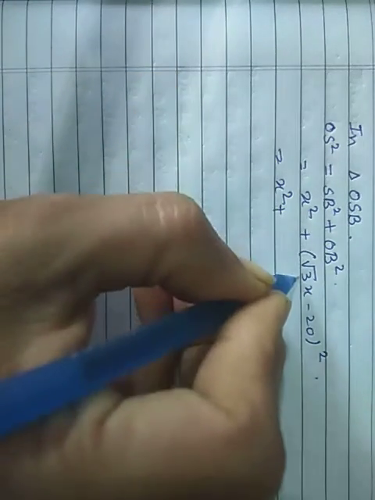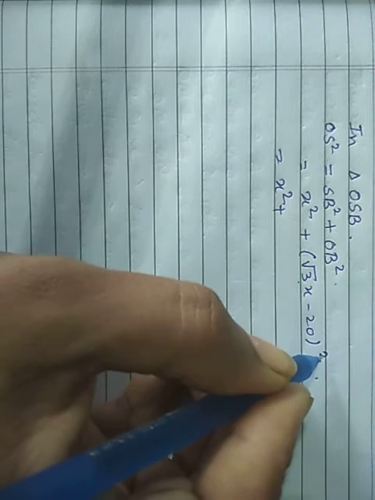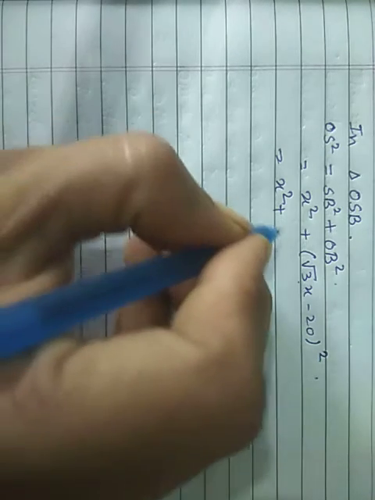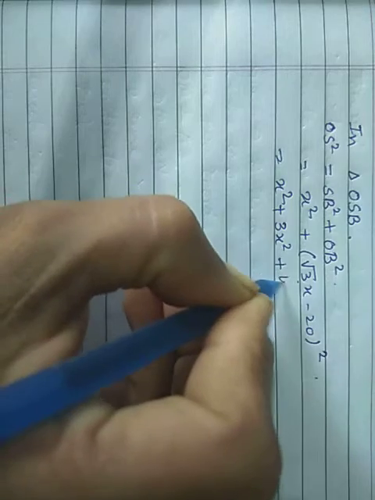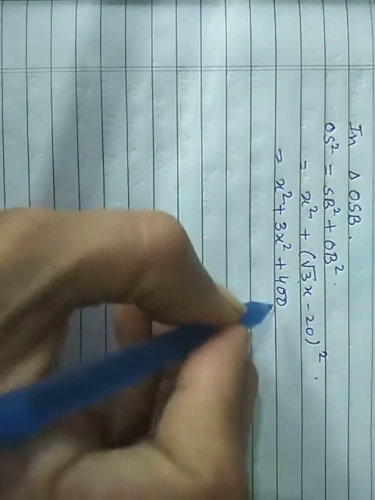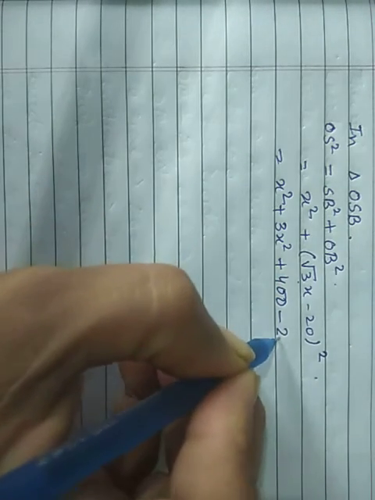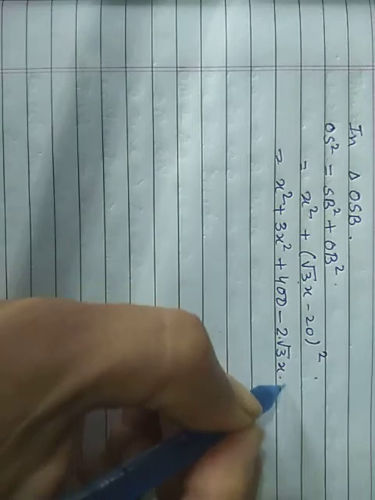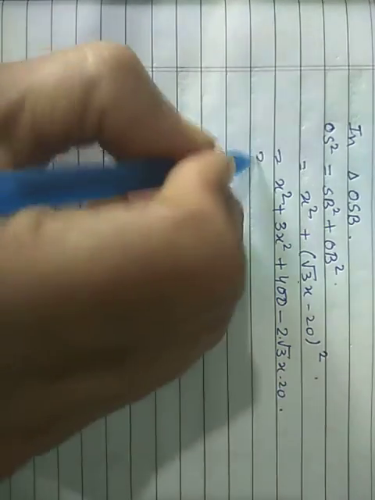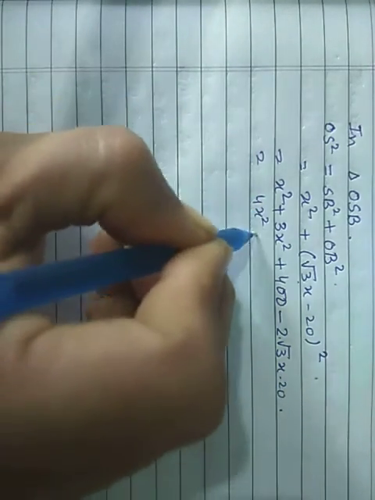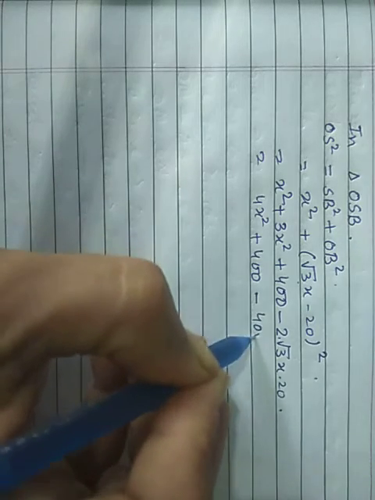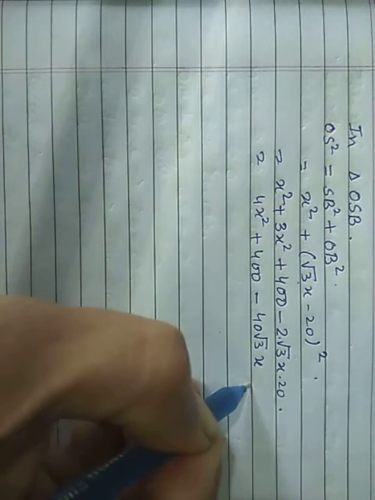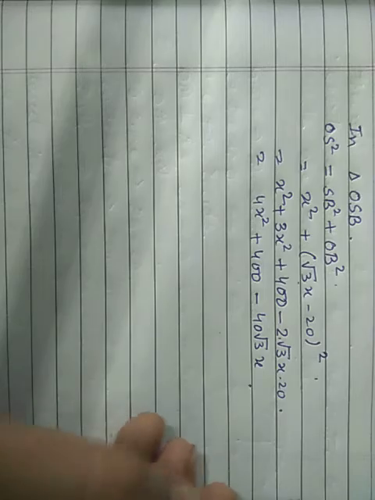The identity (a minus b) whole square we are applying here. So it will be 3x square plus 400, that is a square plus b square minus 2ab. This will give us 4x square plus 400 minus 40 root 3 x.